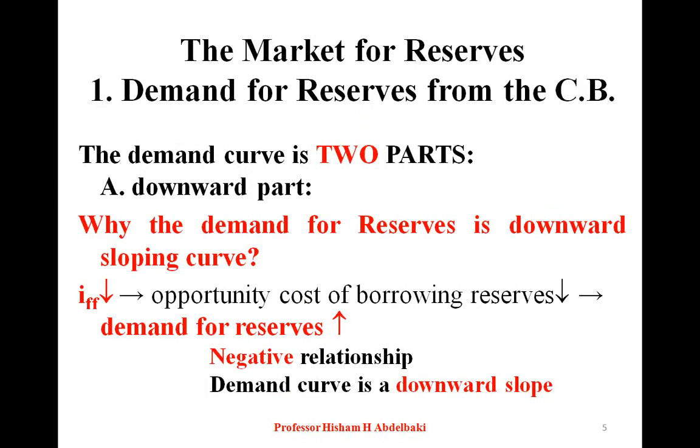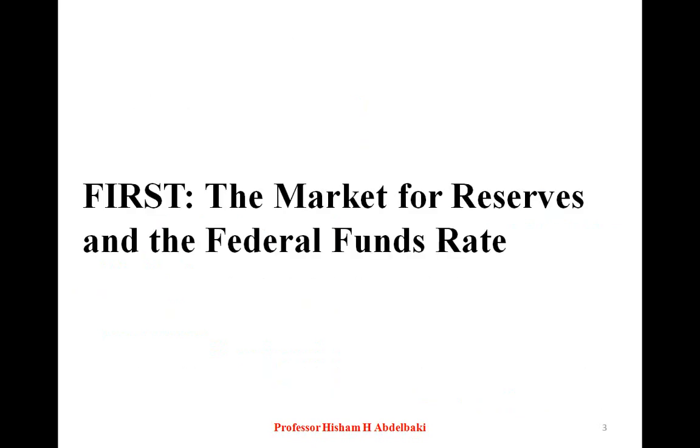Now we move to study the first market. First part is the market for reserves. Market means we have a product, we have a price, we have demanders or demand for, and we have suppliers or supply of. The product here is reserves of the financial institutions at the central bank. Demand comes from demanders, here financial institutions.